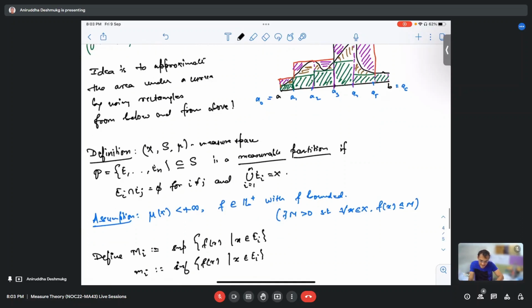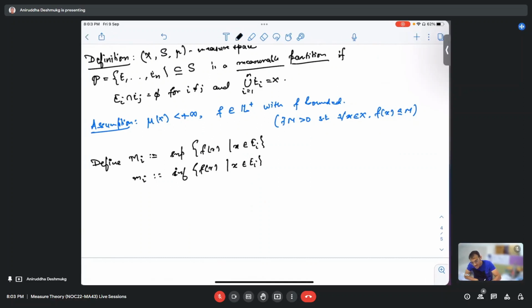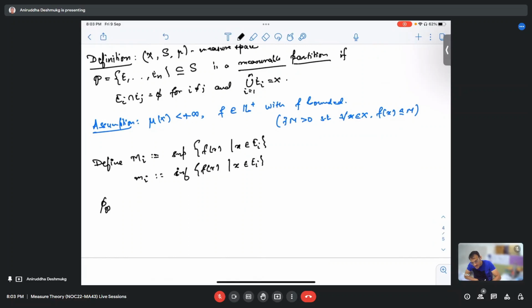So here also, inside this smaller measurable set, I am looking at the supremum and the infimum of f. Then let us define two more functions, phi_P as the summation of small mi times chi_Ei, and psi_P as the summation of capital Mi times chi_Ei.